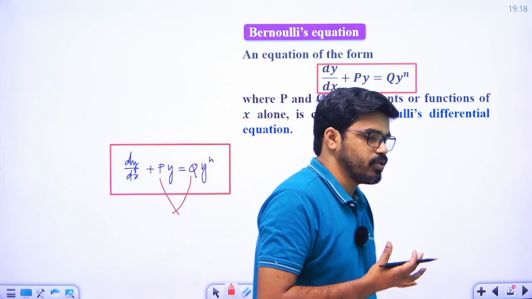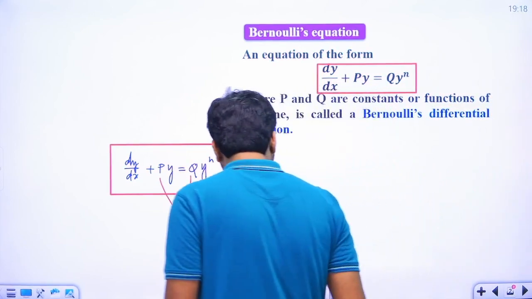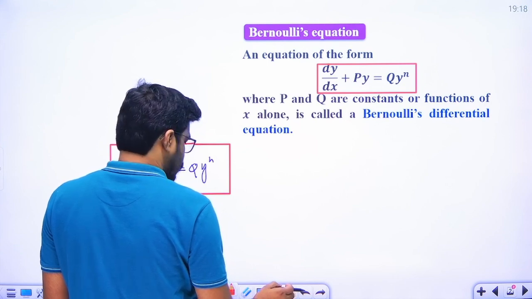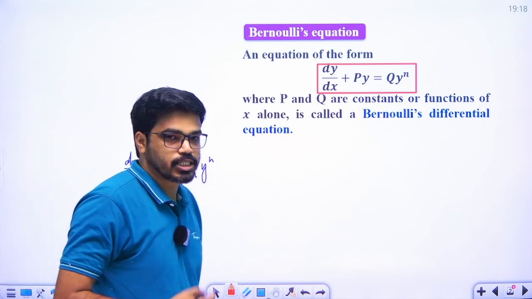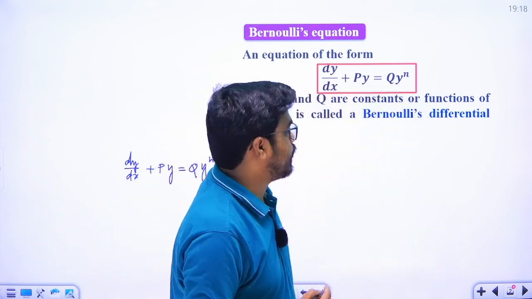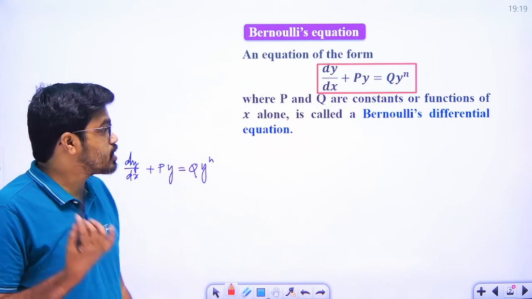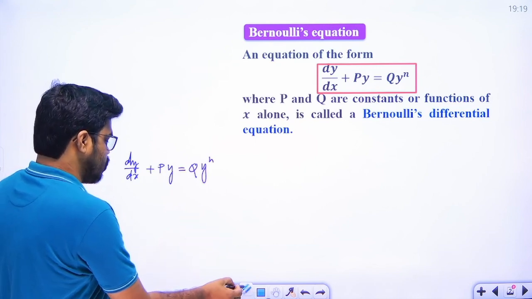So this is the form of Bernoulli's equation. Note the definition: an equation of the form dy/dx plus Py equals Q y to the power n, where P and Q are constants or functions of x alone, is called Bernoulli's equation.